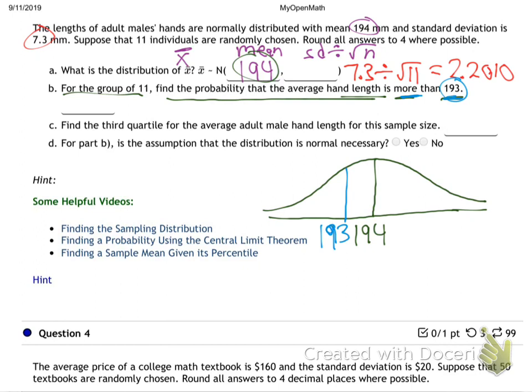And then which way does the shading go? It says more than 193, so that's shading to the right, isn't it? If they said less than 193, I would have gone to the left, huh? Is that making sense? We good with that?